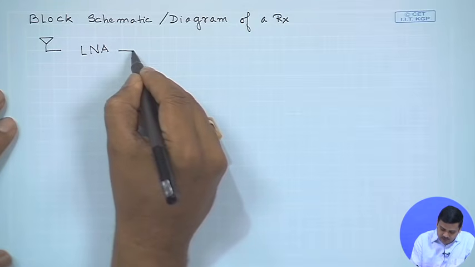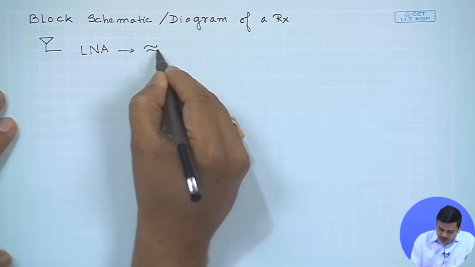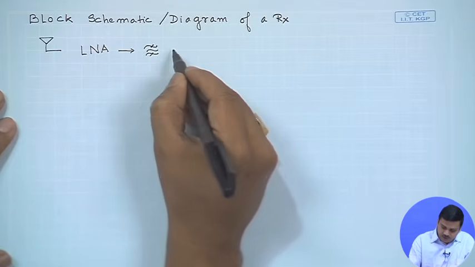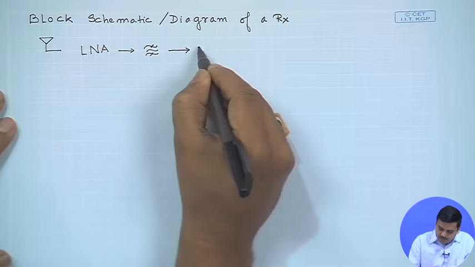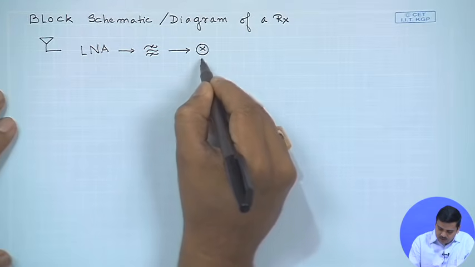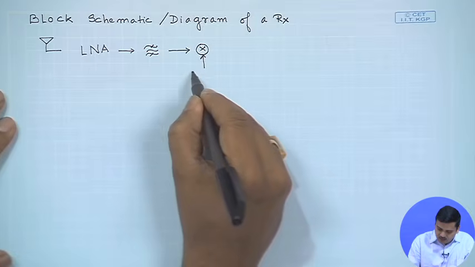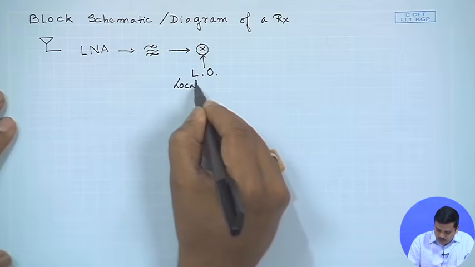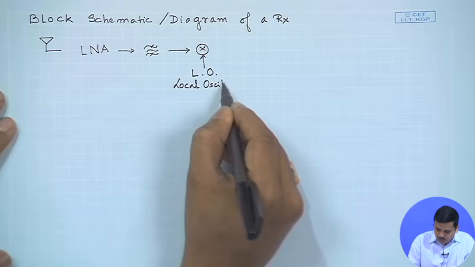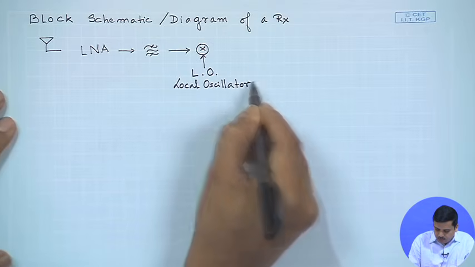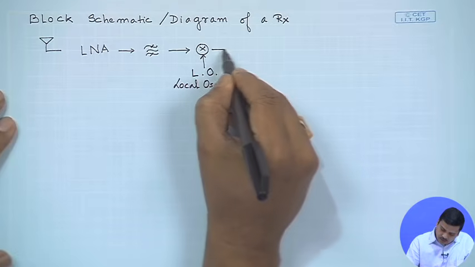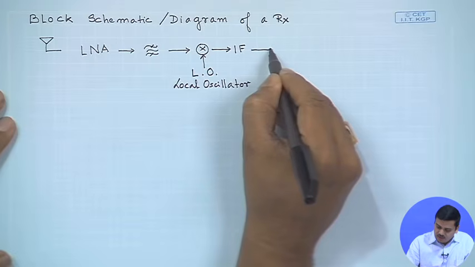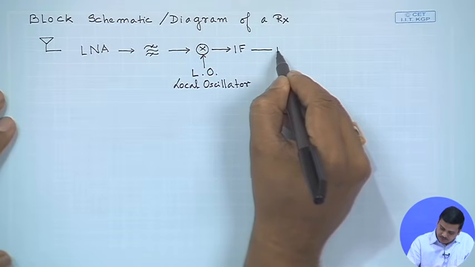the receiver. Then there would be some kind of a filter, let us say a band pass filter, that means it allows a certain band of frequencies, followed by a mixer which is fed by a local oscillator, and then one goes, depending upon systems, to the IF stage, followed by the baseband stage.